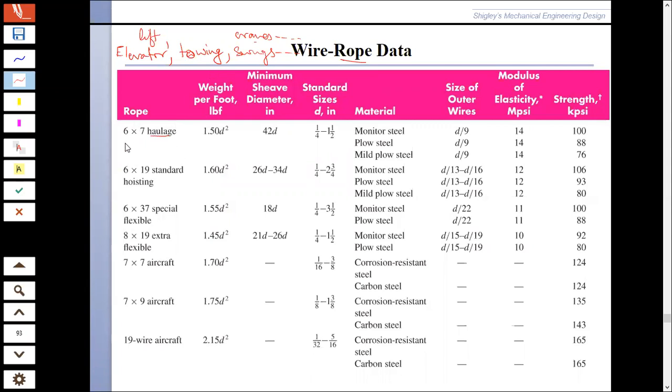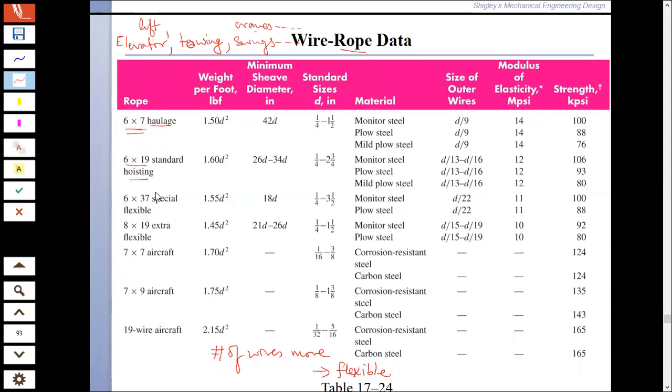तो एनीवेज आपके रोप्स में, जितना ज्यादा नंबर ऑफ वायर्स होते हैं, उतना वो रोप फ्लेक्सिबल होगा. और इसीलिए अगर आप यहाँ पे देखें तो यह 6x7, फिर 6x9 स्टैंडर्ड हॉइस्टिंग के लिए आप इस्तेमाल करते हैं.